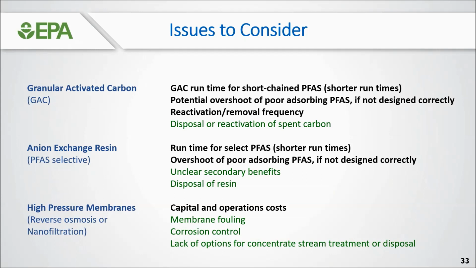However, there can be some large issues if it's a point of entry device and you don't have any corrosion control installed, because you can see corrosion in your premise plumbing. And finally, perhaps the largest concern with high pressure membranes is currently there are no options or limited options for concentrate stream treatment or disposal.